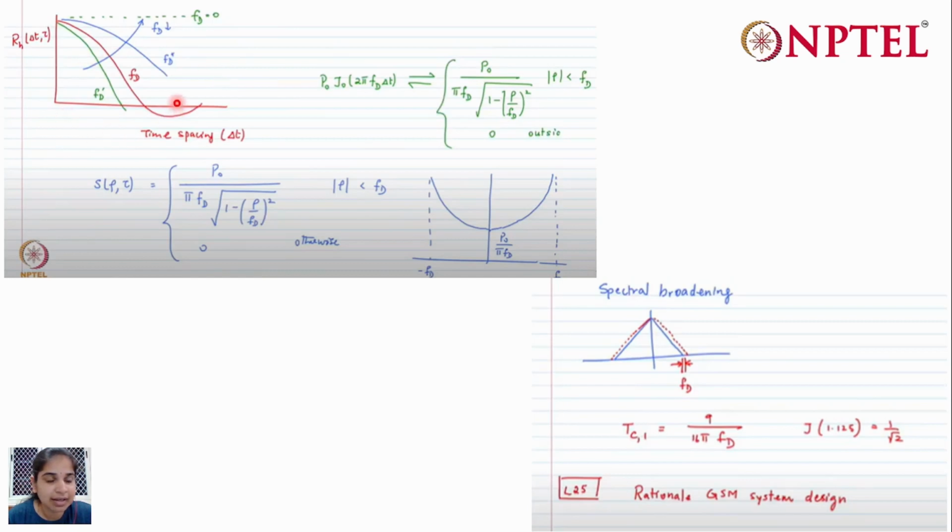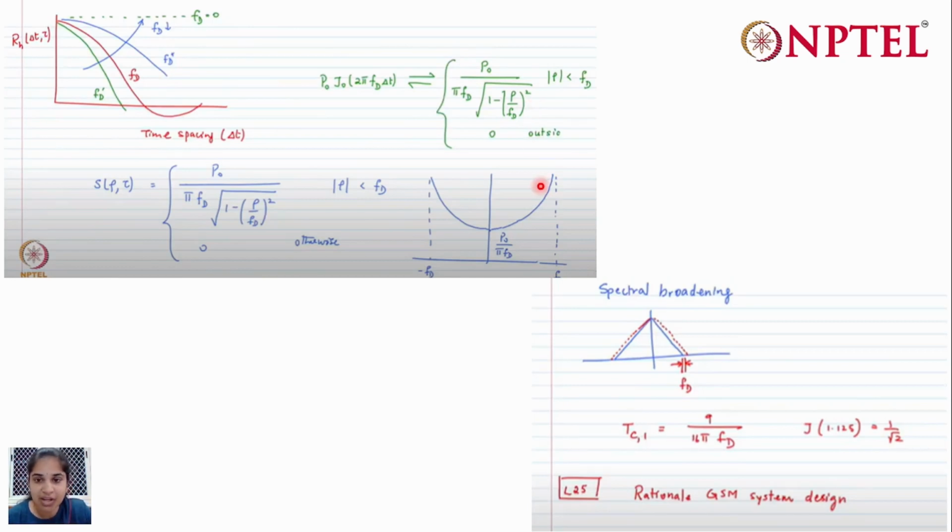This time behavior because of Doppler, in its Fourier transform counterpart, is captured as spectral changes between minus FD and plus FD. The Fourier transform of this Bessel function is P naught divided by pi FD root of 1 minus rho by FD the whole square, where mod rho is less than FD. So they are Fourier transform counterparts.